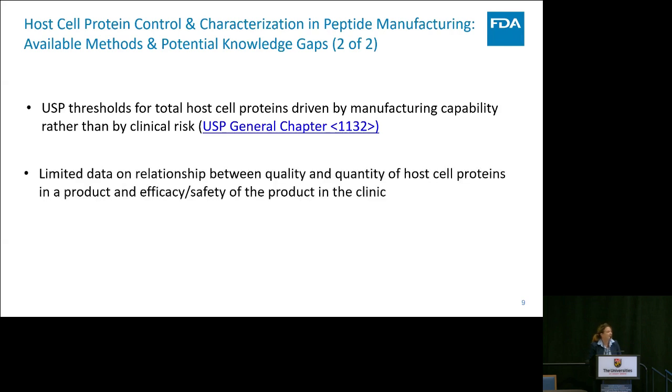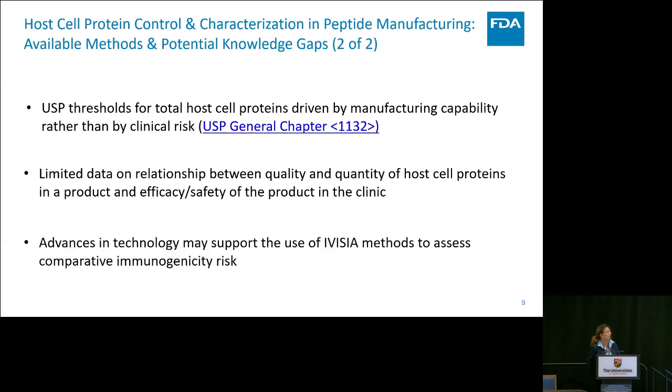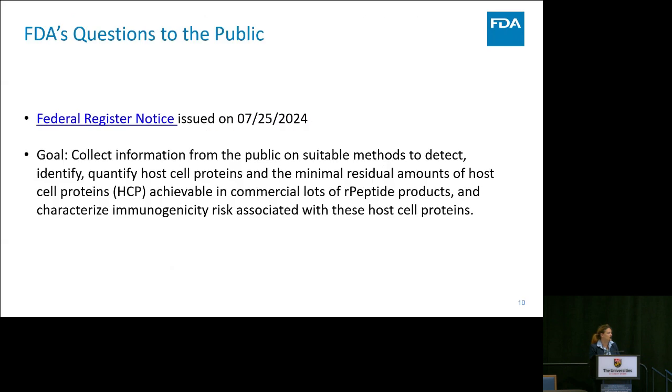Because as I was saying, a lot of these follow-on recombinant peptide products, or even in general recombinant peptide products, have been approved through clinical studies. So there has been no real need to further explore the clinical risk associated with these host cell proteins. However, we are here to discuss this. We think that advances in technology may support the use of in vitro and in silico methods to assess the risk associated with host cell proteins.